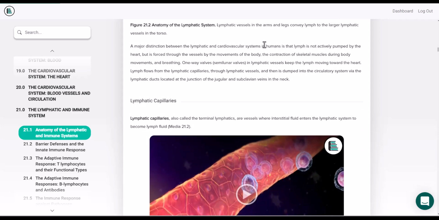One distinction, lymph is not actively pumped by the heart. As you move around, yes, the fluid in the lymphatic vessels is being moved back toward the heart, but it's not being pumped as aggressively, or at all, like the plasma is through the blood vessels.